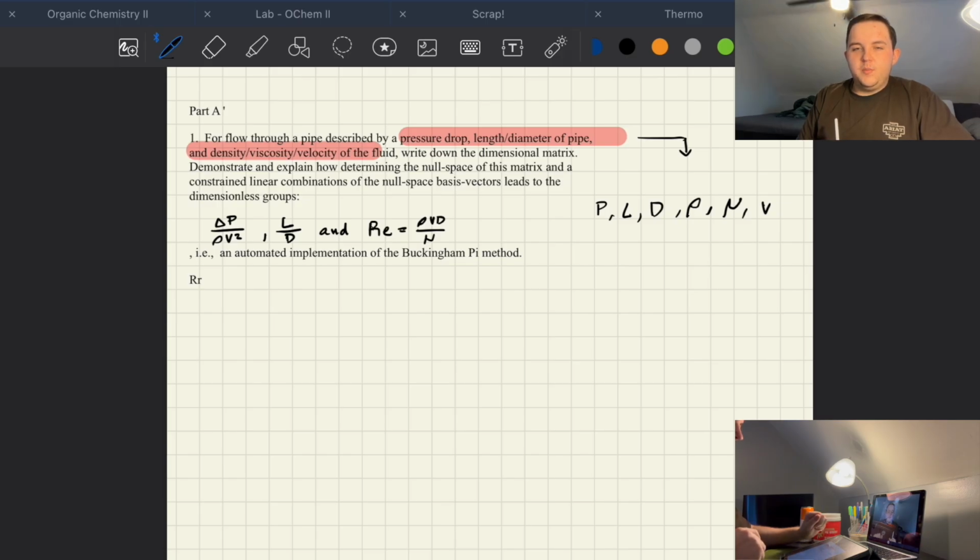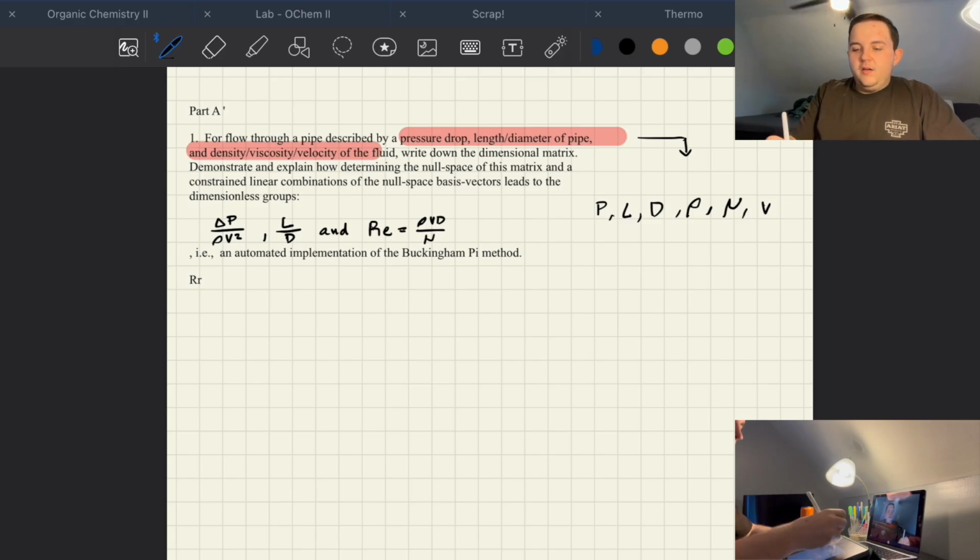And then we'll jump into what I decided to use with Python, similar to class, and figure out the dot products and all that, and how to determine the null space to eventually get those values.